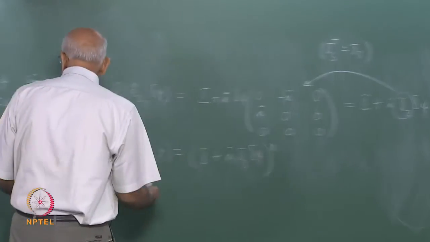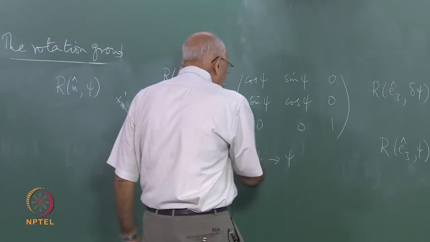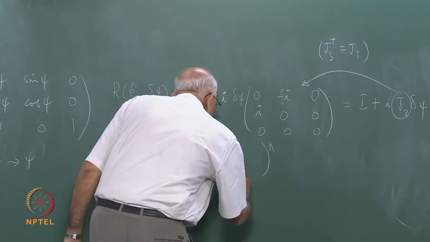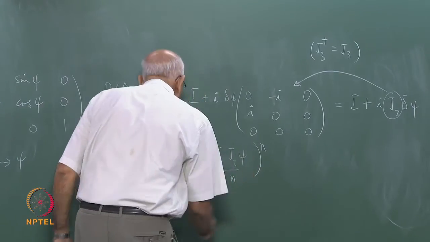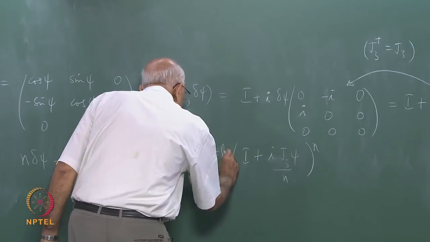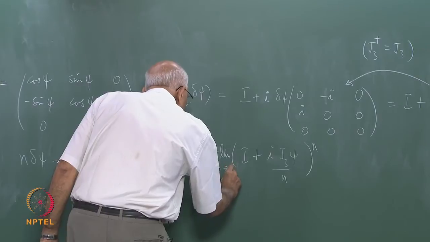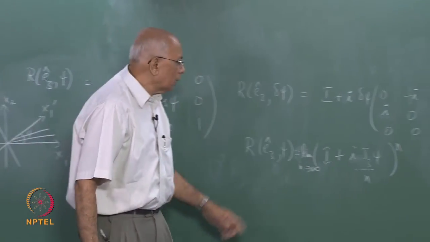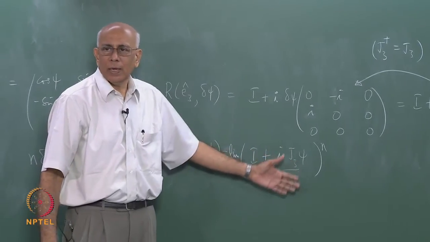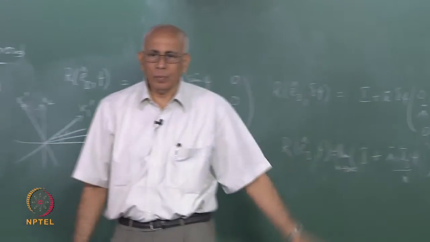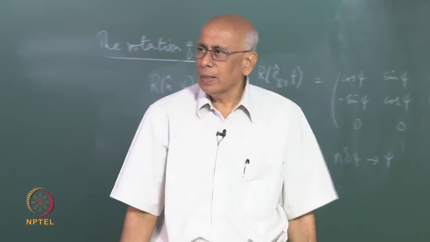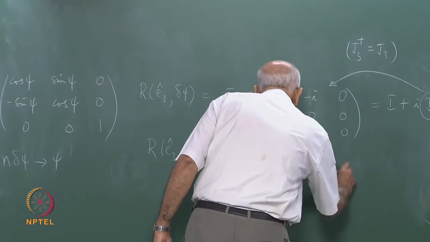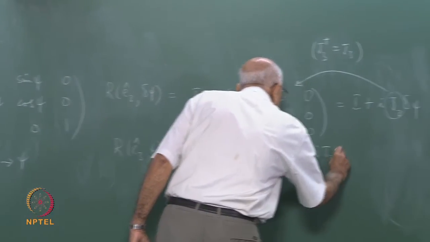But now, loosely speaking, if I replace delta psi by psi over n, and I need to take the limit n tends to infinity, then it is not hard to show that this quantity, you can pretend that this is really a number rather than an operator, but it works just as well as you can verify for matrices. This in fact goes to e to the power I J3 psi.